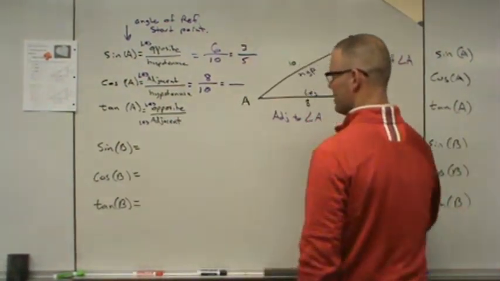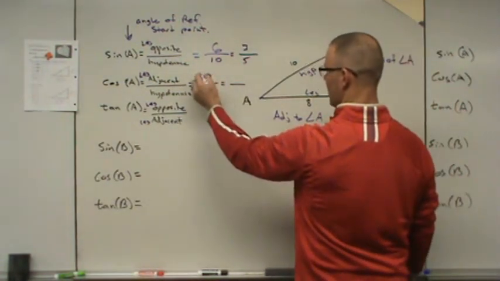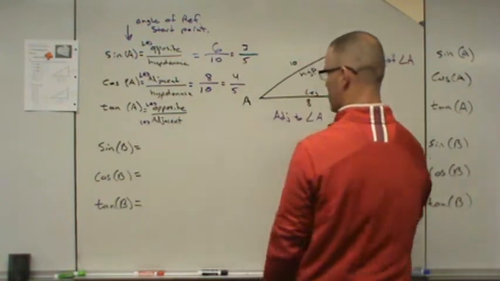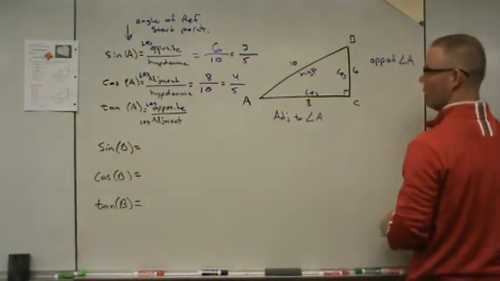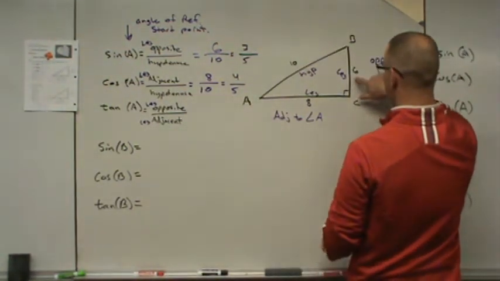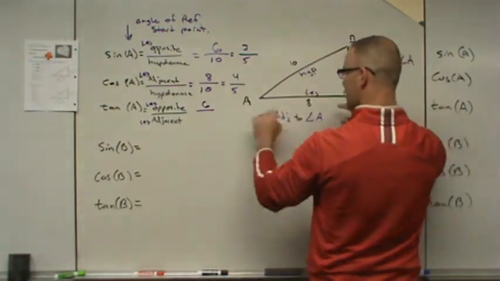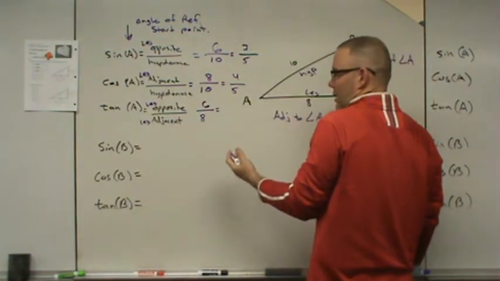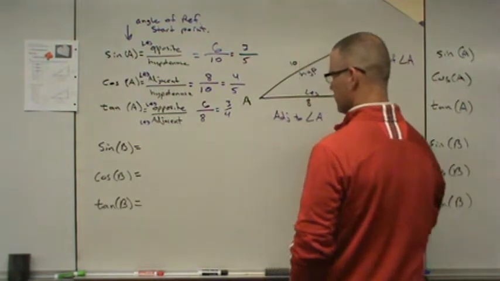Again, that you will not see. 2 goes into 8 4 times, 2 goes into 10 5 times. This is what you would see, 4/5. So reduce, always reduce. And then when we look at the tangent ratio, that is equivalent to the leg opposite of A, which is 6, over the leg adjacent, which is 8. Again, 6 over 8 is not in simplest form, so we reduce that to 3/4.